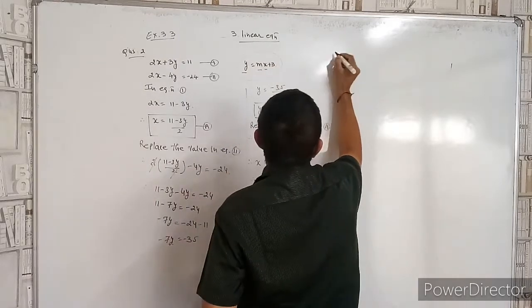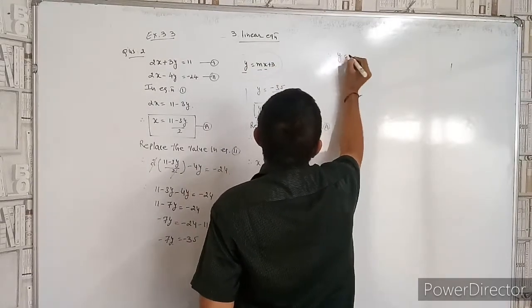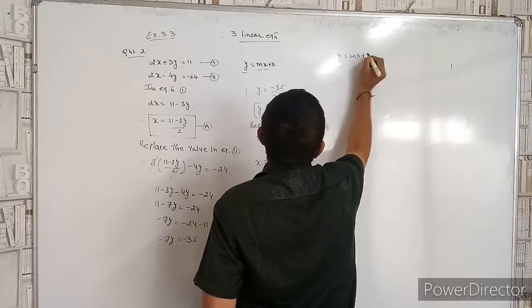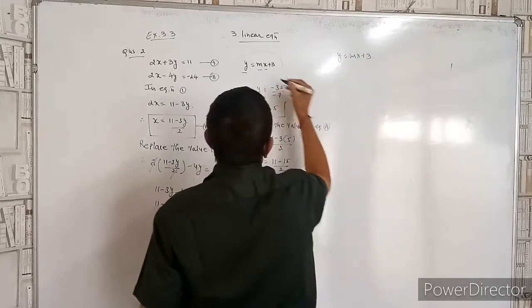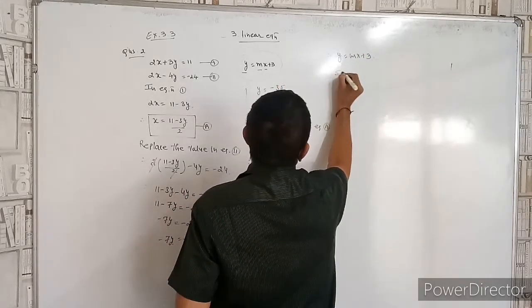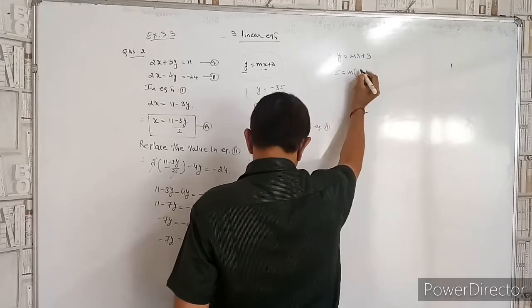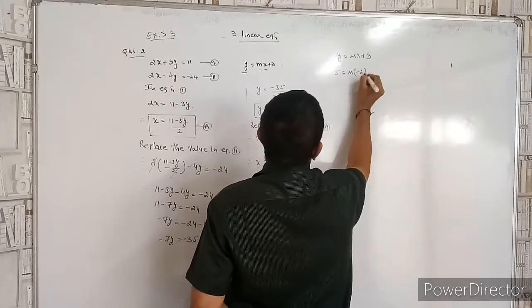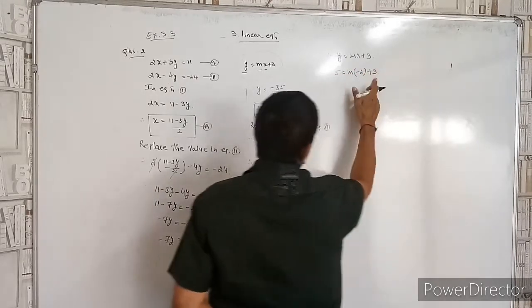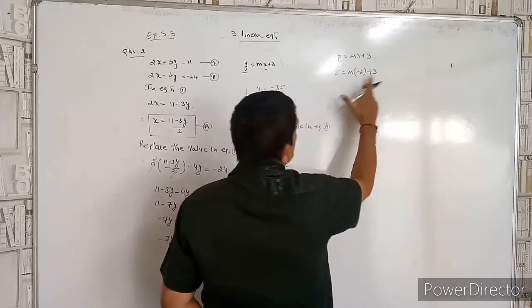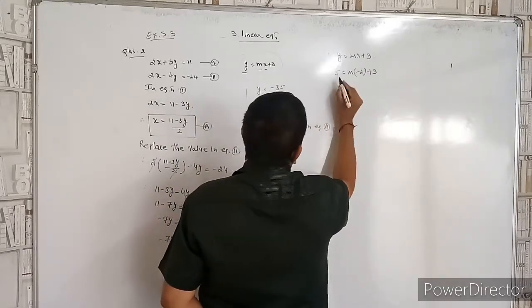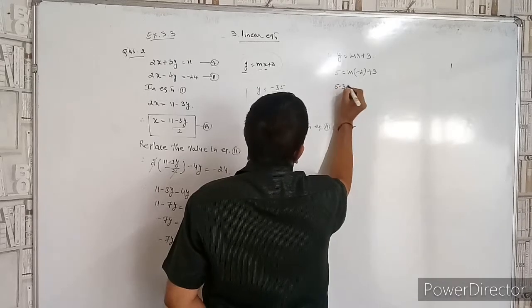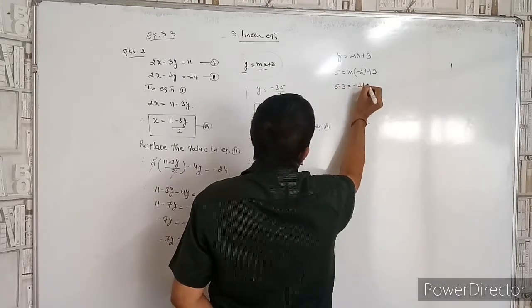So therefore y is equal to mx plus 3, in which y is equal to 5, x is equal to minus 2. First of all, this 3 will shift because it is in addition. So 5 minus 3 is equal to minus 2m.